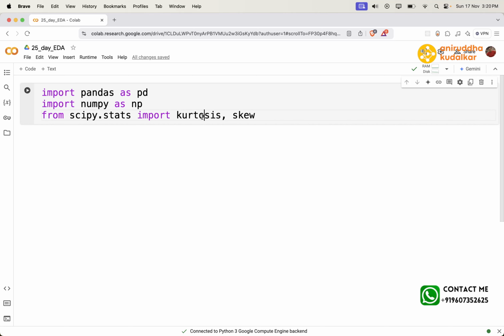Now remember that these are statistical terms. Kurtosis and skew, these are coming from the stats.